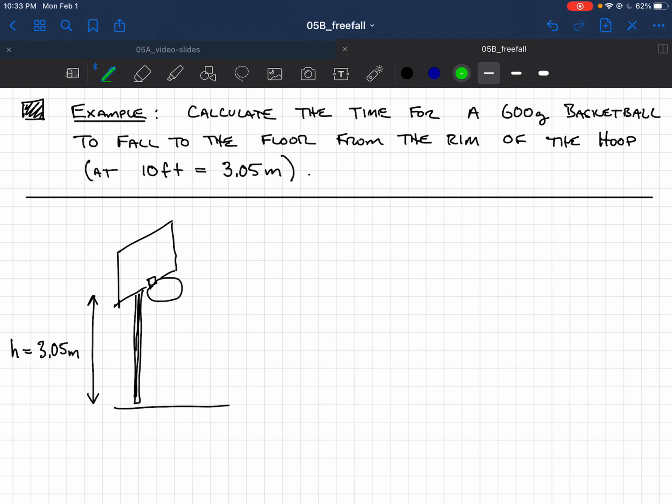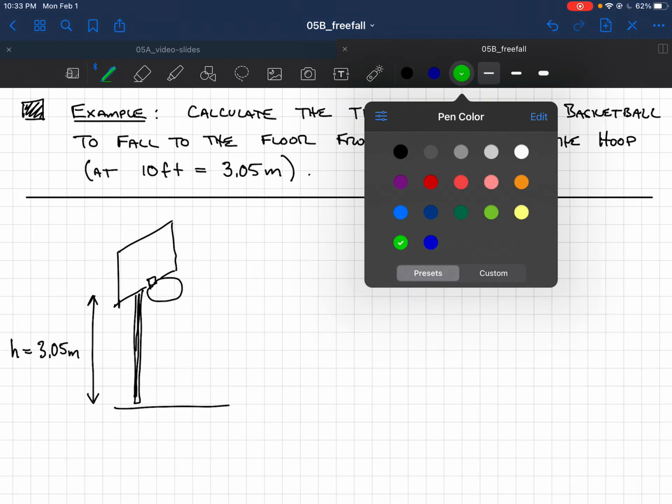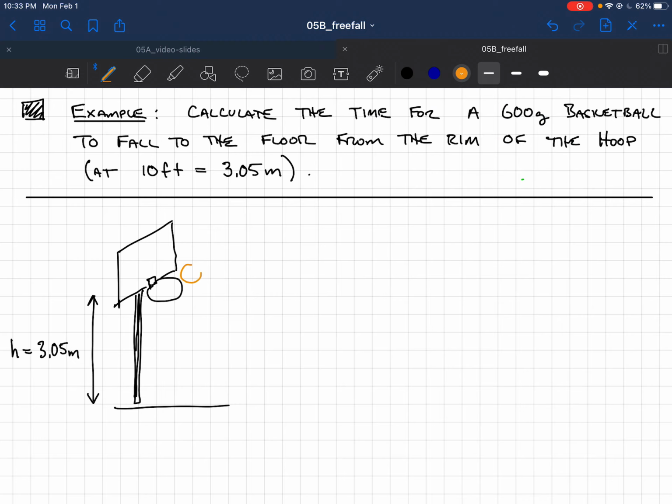So we take a ball and we place it up there on the rim, and then we assume that it'll just fall straight down. Although, as we'll see in future problems, it doesn't really matter if it falls straight down, and maybe we'll show that here. So it's going to fall down, and we'll assume that it has a 0 initial velocity.